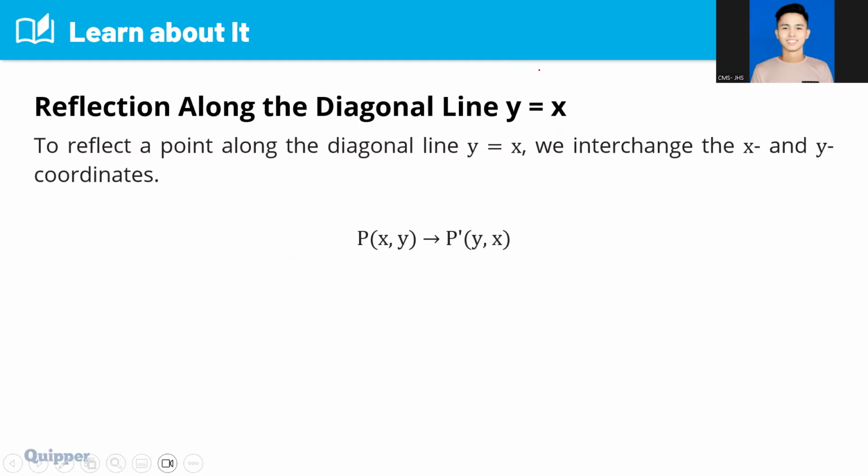To reflect a point along the diagonal line y equals x, very simple. We just need to interchange or switch the positions of the x and y coordinates. From x, y, it will become y, x. Again, we're doing this if we are reflecting along the diagonal line y equals x.